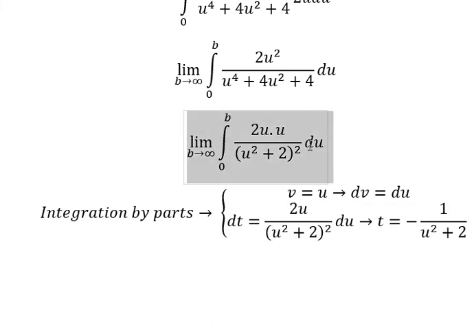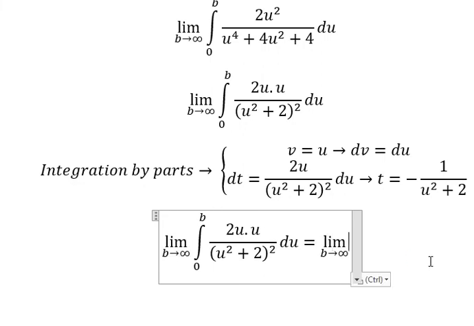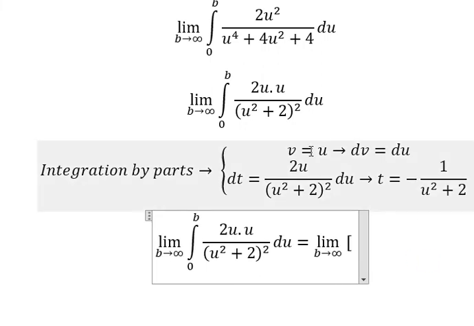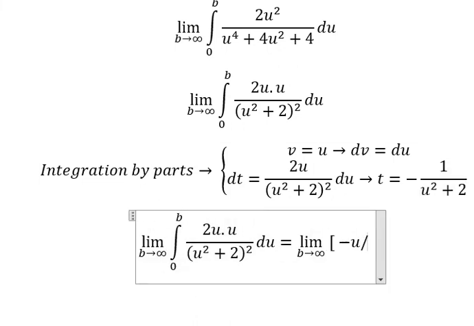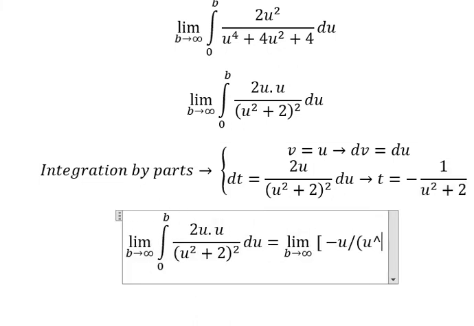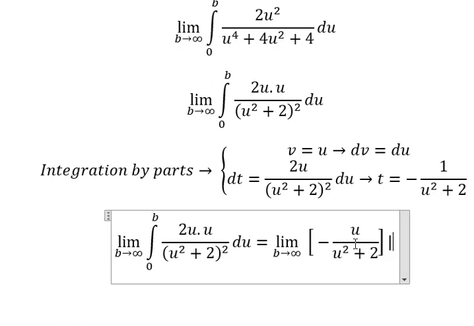And now we got this one, so we still have the limit in here. So we have u multiplied with this one, because v multiplied by t, so you get negative u over u squared plus 2, and we have the bounds from 0 to b.